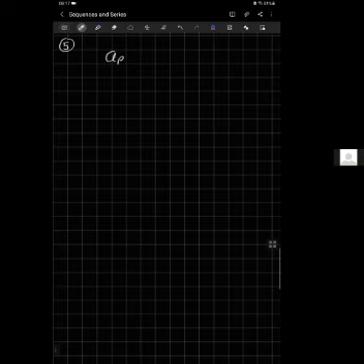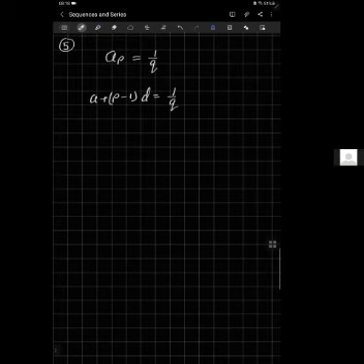See better, we are doing question number 5 in this. In an AP, the pth term is 1 upon q. The pth term of this AP is 1 upon q, and the pth term means a plus p minus 1 into difference d is equal to 1 upon q.